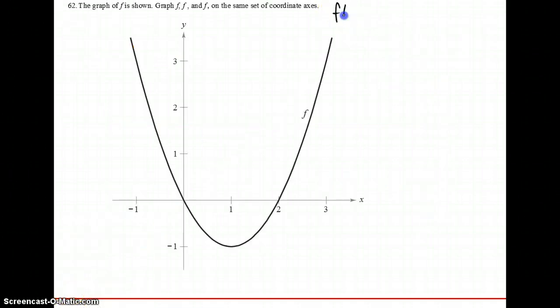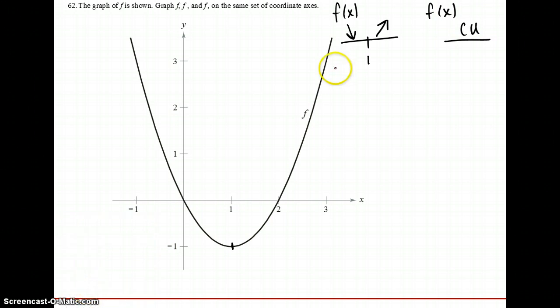Okay, so for this function, f of x switches from decreasing to increasing at 1, and my function is strictly concave up. Alright, so that tells me about the graph of the derivative: I'm going to have a 0 at 1, and the derivative will switch from below the x-axis to above.